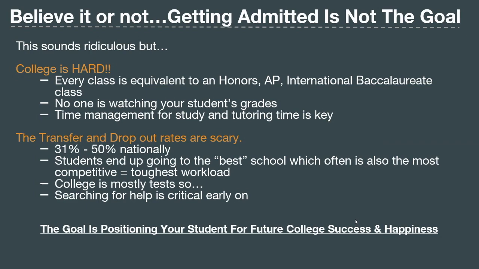Transfer and dropout rates are really scary, but depending on what studies you look at, it's anywhere between 31% and 50% nationally. Those are crazy high numbers. Nobody goes through this process saying, I can't wait to transfer next year, or I can't wait to drop out. That's not why you go through this process.